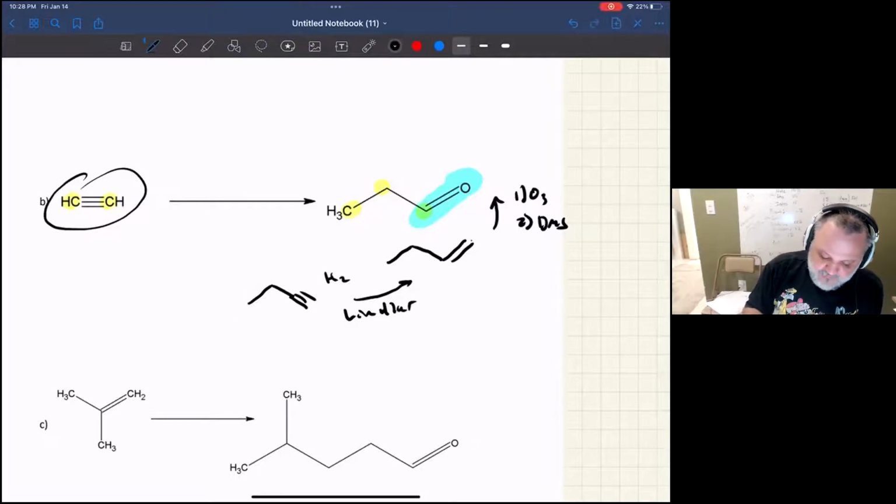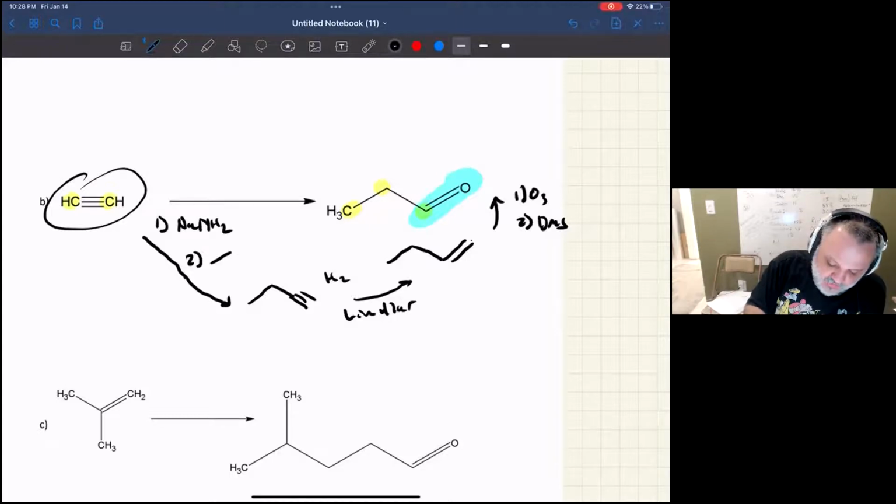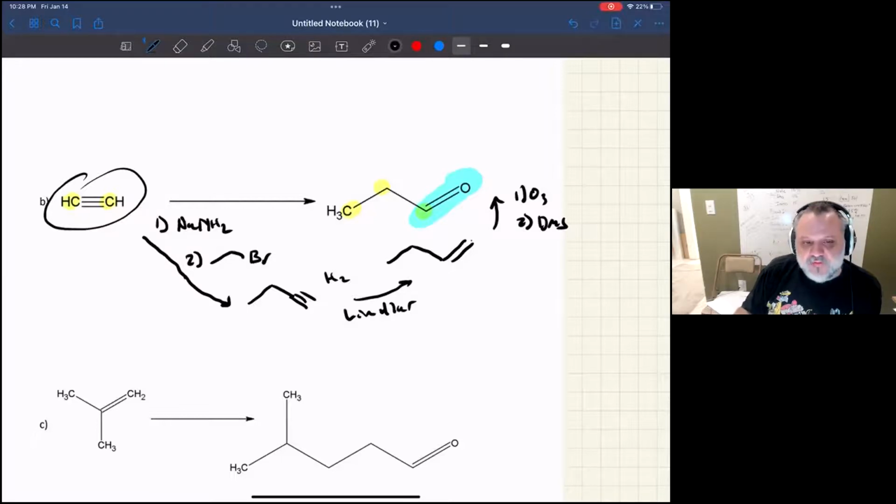Well, if I take this and react it with sodium amide, it will turn it into an alkynide ion. And then that alkynide ion could react with a 2-carbon alkyl halide, and then I would make the reagent that I have with star.